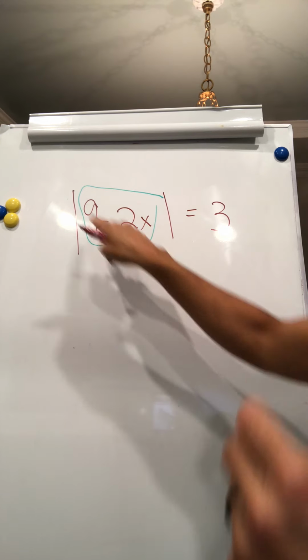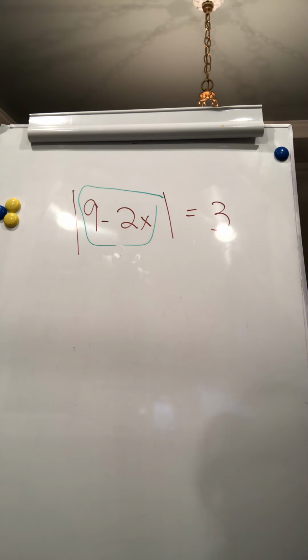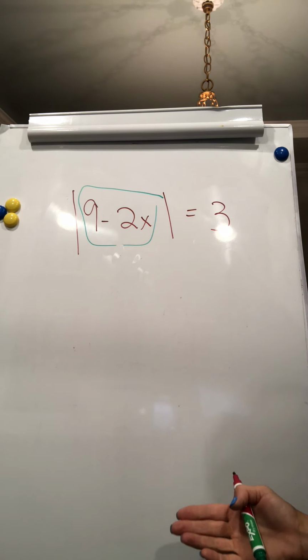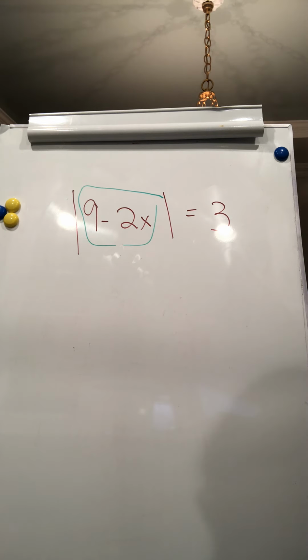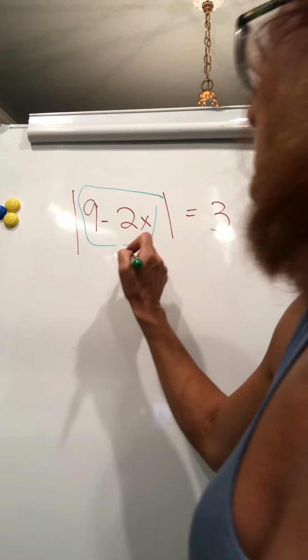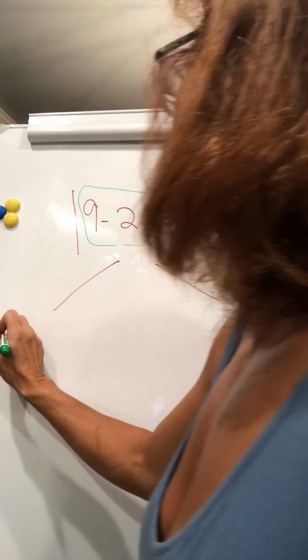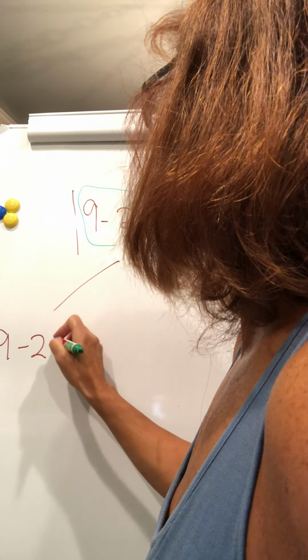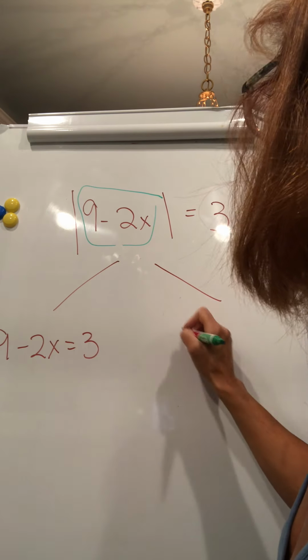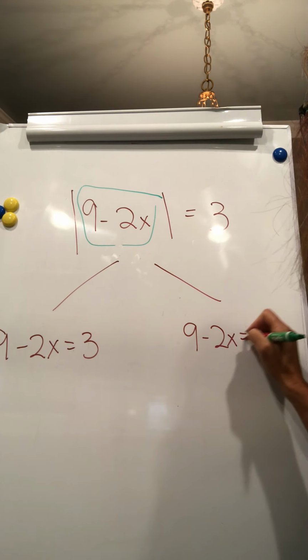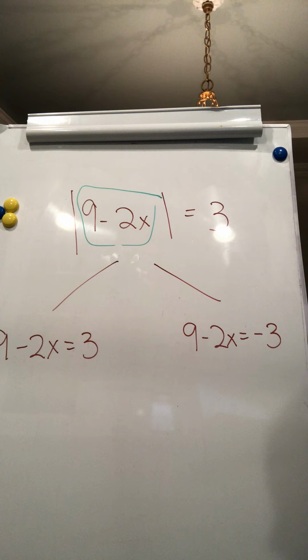But also, if the expression inside here equals negative 3, when we take the absolute value of it, we're going to get 3 as well. So when you have an absolute value problem, you need to split it up into 2 problems. 9 minus 2x equals 3, and 9 minus 2x equals negative 3.